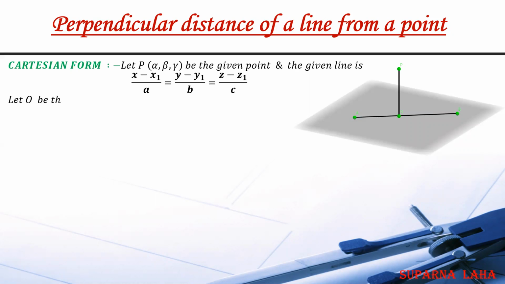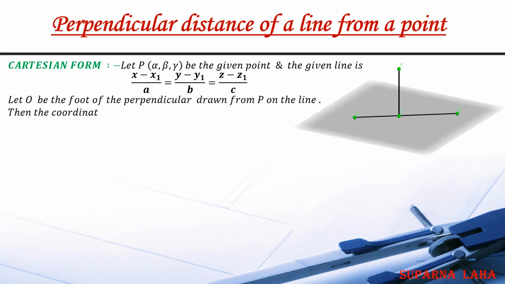Clear? So now if we draw a perpendicular from the point P to the straight line, it will cut the line AB, that is the given line (x minus x1)/a equals (y minus y1)/b equals (z minus z1)/c, at a point O. So the foot of the perpendicular is O. Now any point on the straight line can be represented as (x1 plus lambda a, y1 plus lambda b, z1 plus lambda c).